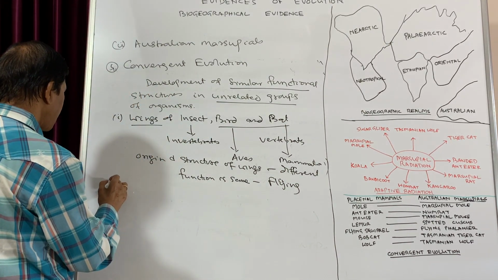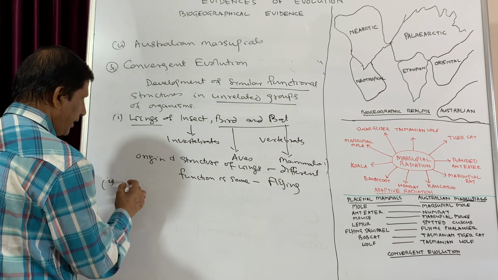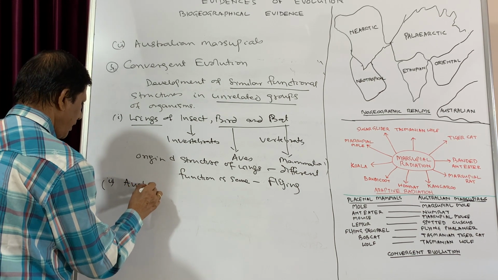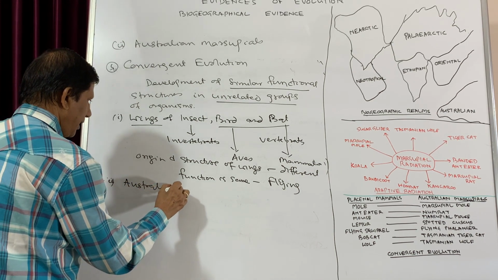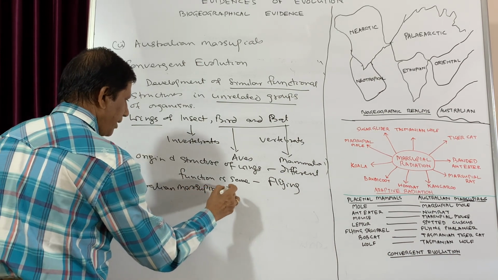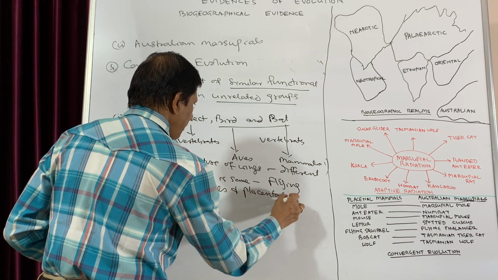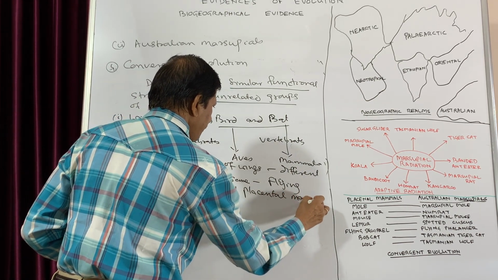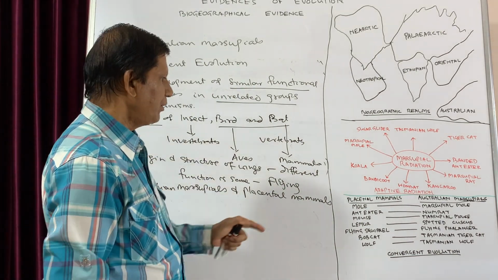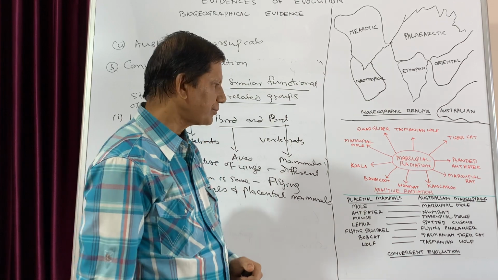Now let us give a second example. The second example is again that of Australian marsupials and placental mammals. Again you see this chart I have written earlier.